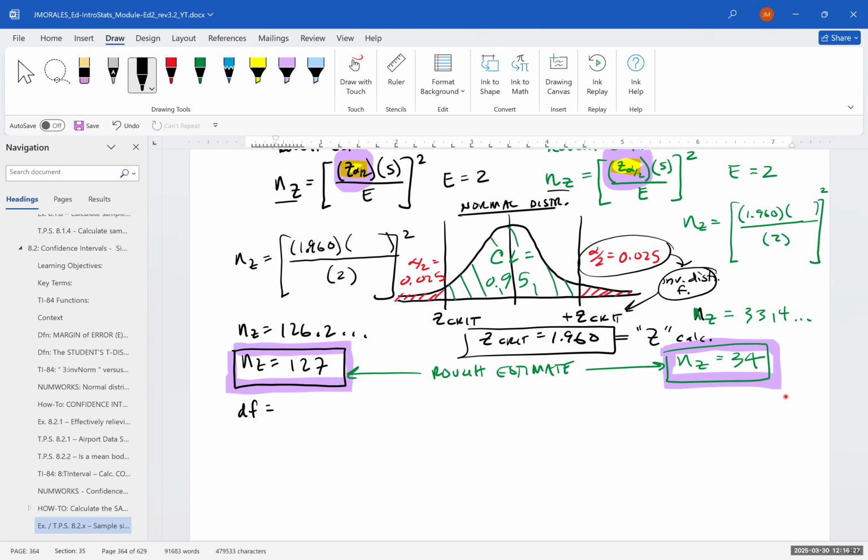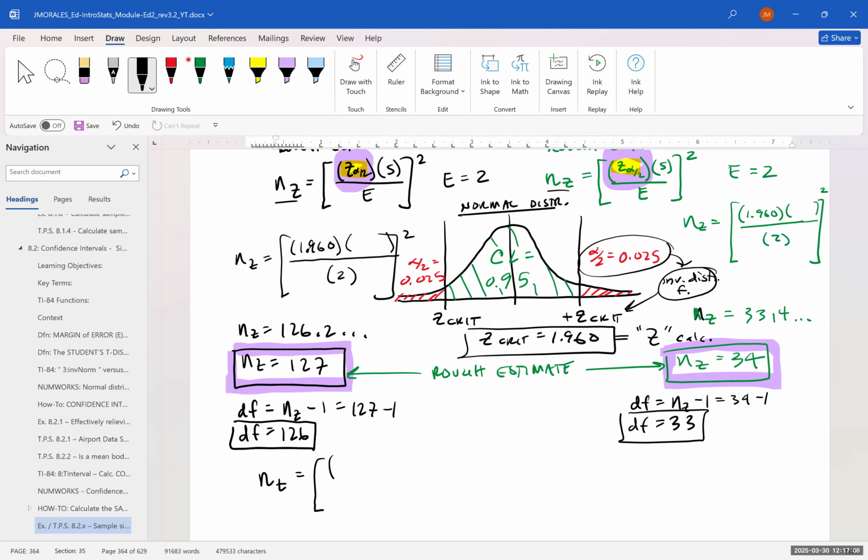And so from these sample sizes, we can now calculate degrees of freedom, right? So this would be 127 minus 1. So we can have 126 degrees of freedom here, and degrees of freedom over here, we have 33. So now we can use this same similar equation to what we've got above, except now this is going to be sample size with a t-distribution.